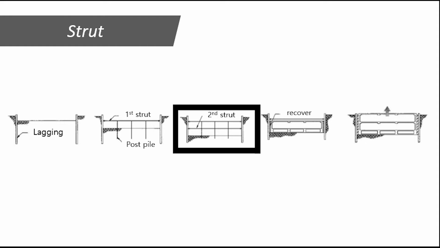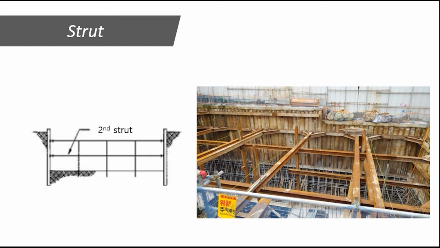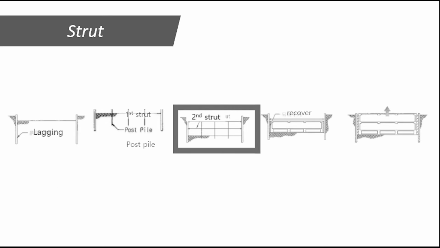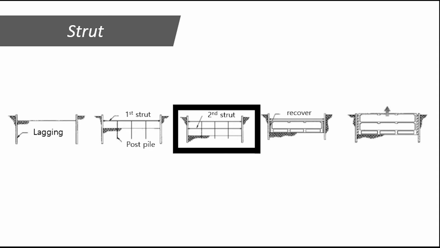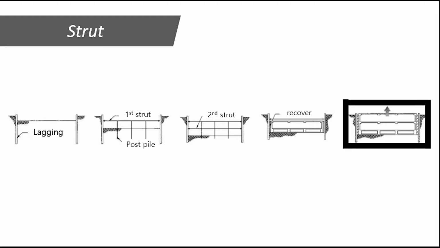After laying down the foundation concrete, remove the second-stage strut and then fill it up on the second basement floor. Finally, remove the first-stage strut and fill it with concrete on the first basement floor.